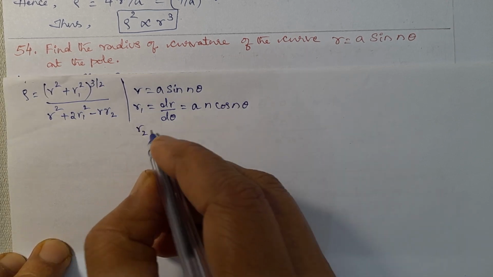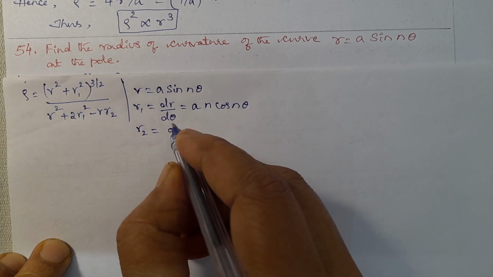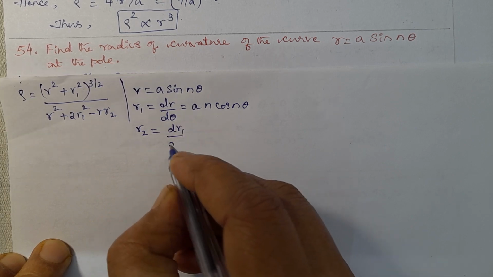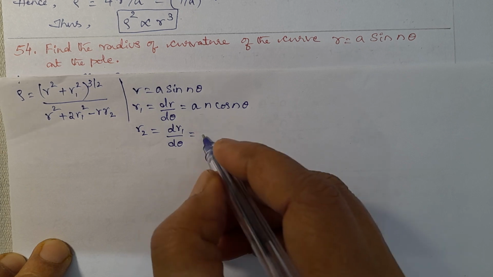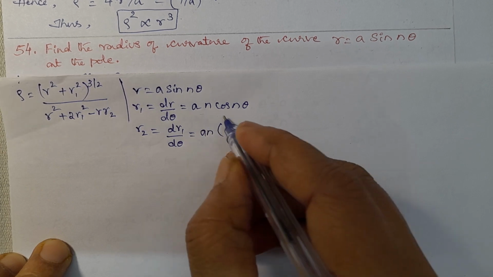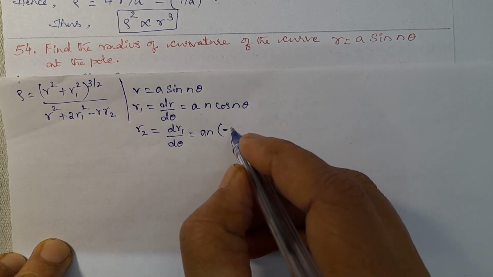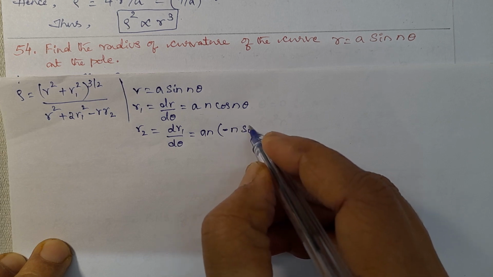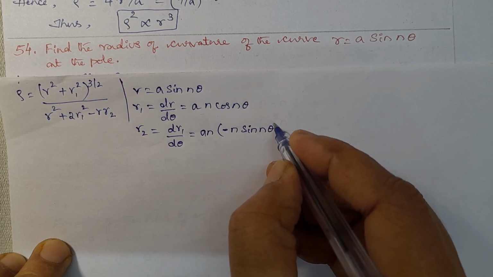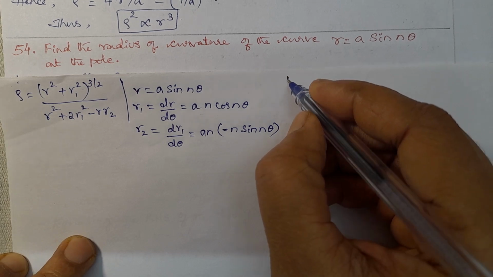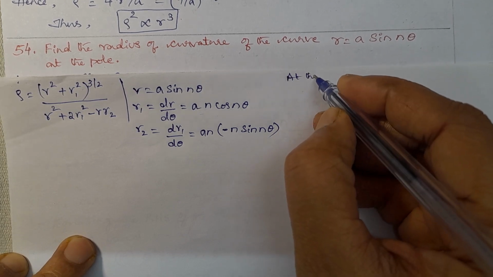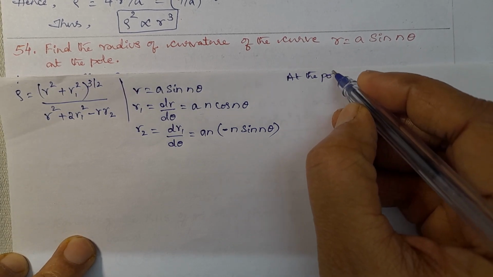Next, find out r2. r2 is differentiation of r1 with respect to theta equal to an as it is. Differentiation of cos n theta is minus n into sin n theta. Okay.